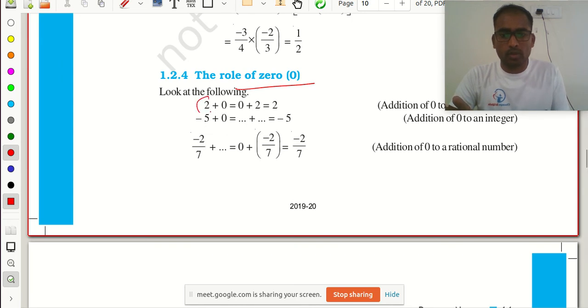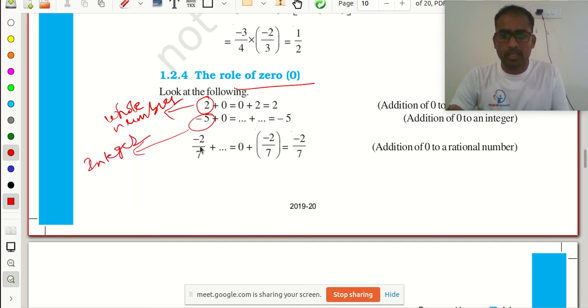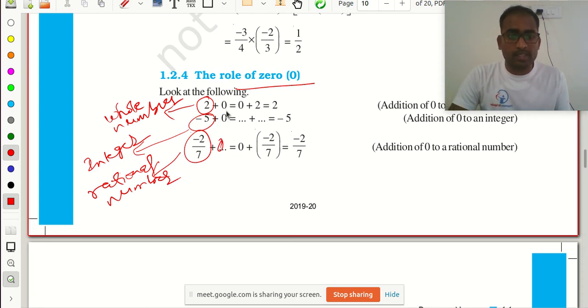Here 2 is a whole number, plus 0; minus 5 is an integer, plus 0; and minus 2 by 7 is a rational number, plus 0. Is there any effect on the result? 2 plus 0 is 2 only. Minus 5 plus 0 is minus 5 only.